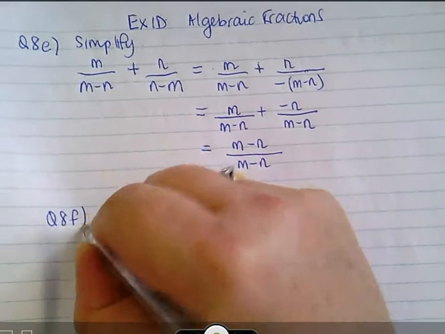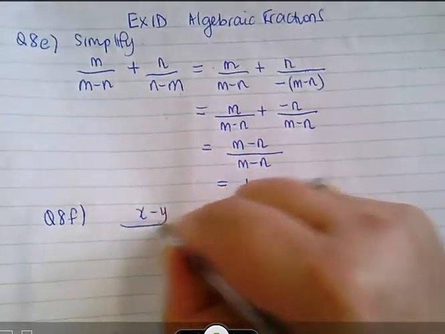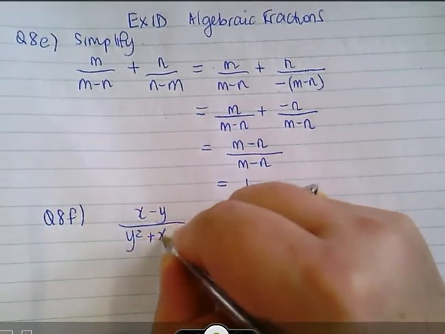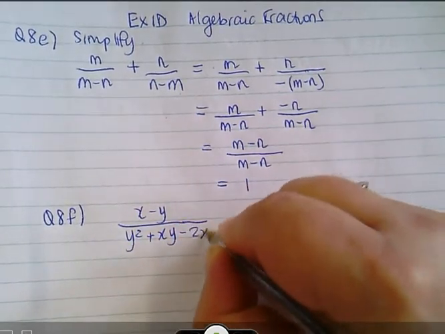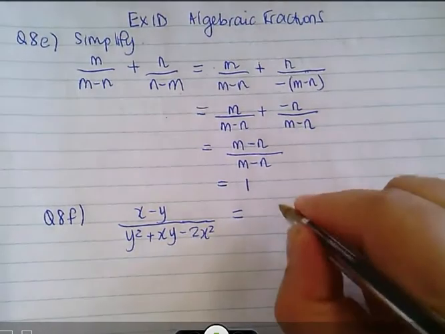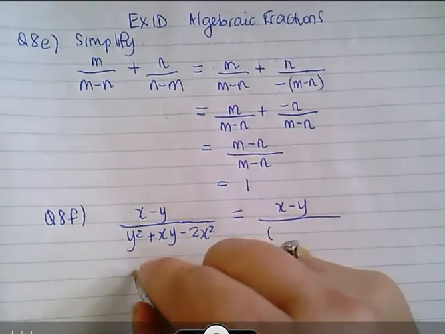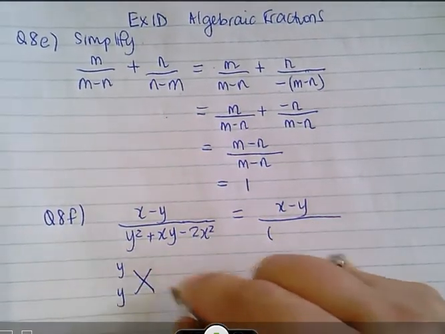Question 8F is to simplify the following. X minus y, probably a similar thing happening here. Okay, so we try and factorize the denominator. You can do a crisscross if you want. I'd say y.